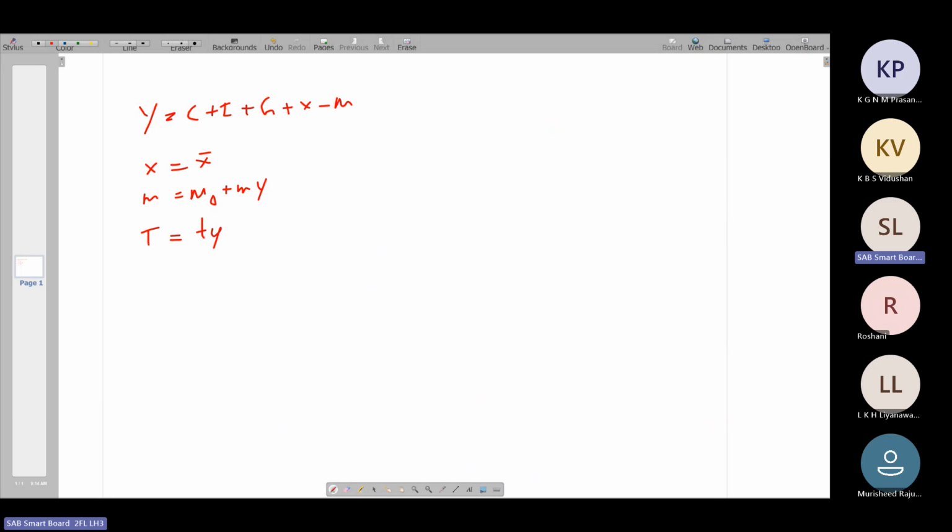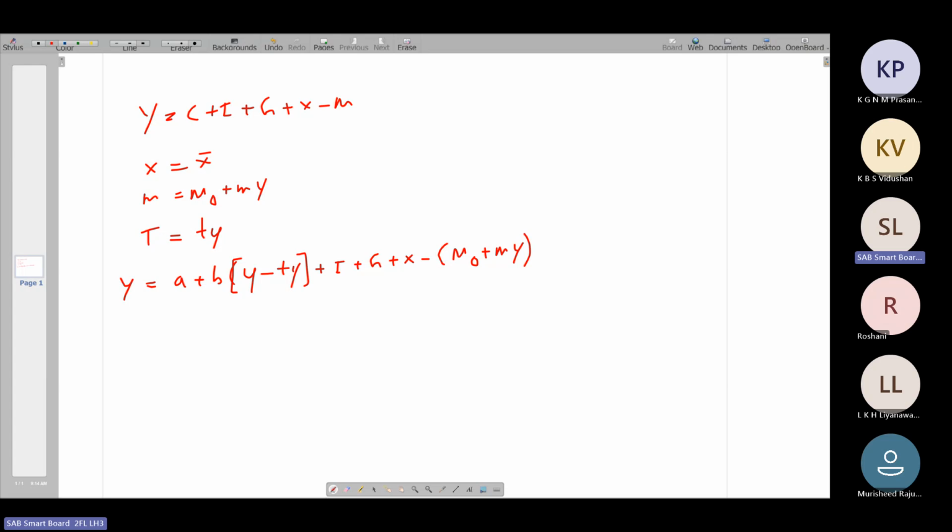What is the equilibrium? You can derive the equilibrium equation: y equals a plus b yd, plus I plus g plus x minus m. We put yd equals y minus ty, the tax function being ty. So y equals a plus b(y minus ty) plus I plus g plus x minus m0 minus my.